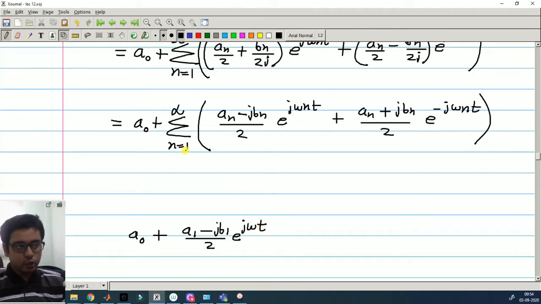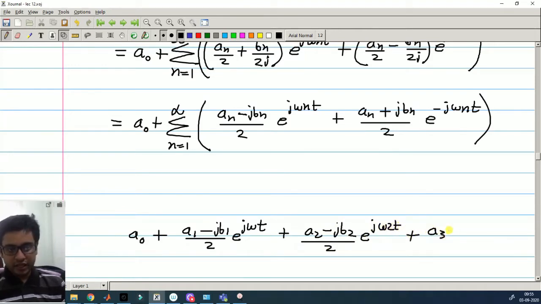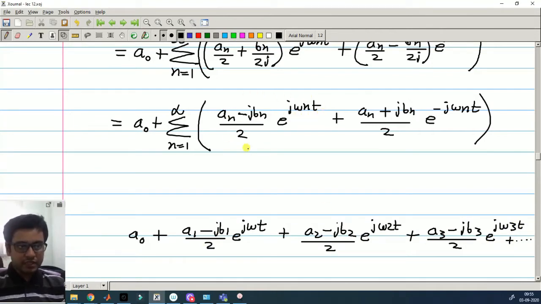Then for n equal to 2 we will have (a2 minus jb2) by 2 e to the power j omega 2t. For n equal to 3, (a3 minus jb3) by 2 e to the power j omega 3t, and so on. These terms are coming from this first term here.